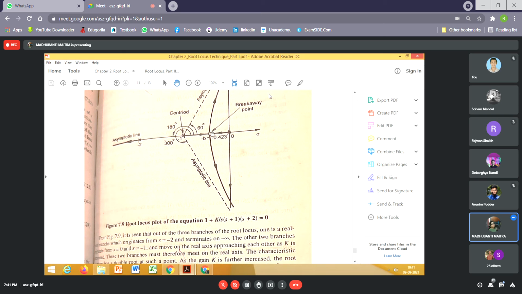So if the value of gain k is k1 at this point, then for that particular value of gain k, we will get repeated roots with multiplicity 2 at this point. Clear?